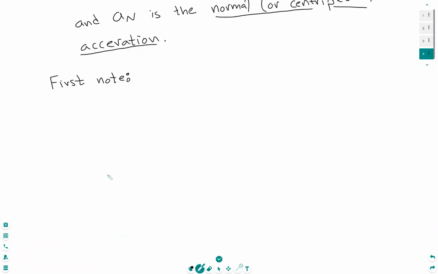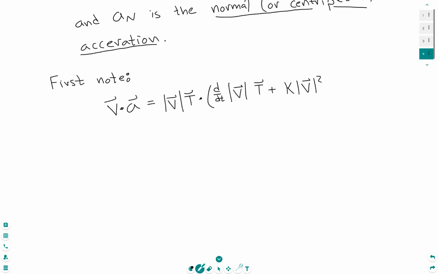In order to do that, we're first going to note that the velocity dotted with the acceleration is, so the velocity is the speed traveling in the T direction, and it's dotted with how we wrote down the acceleration, which is the speed's derivative, instead of doing a prime, let's do d/dt, in the T direction plus curvature times the speed squared in the normal direction.